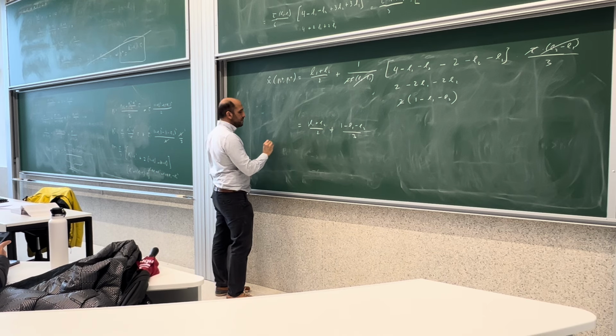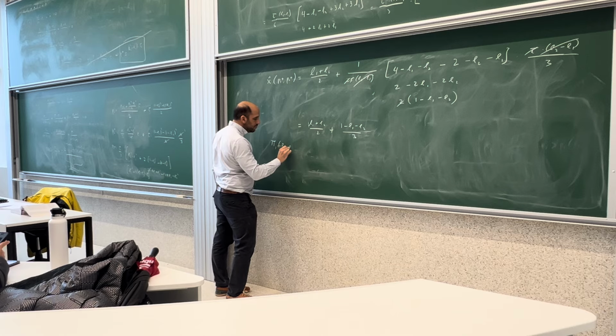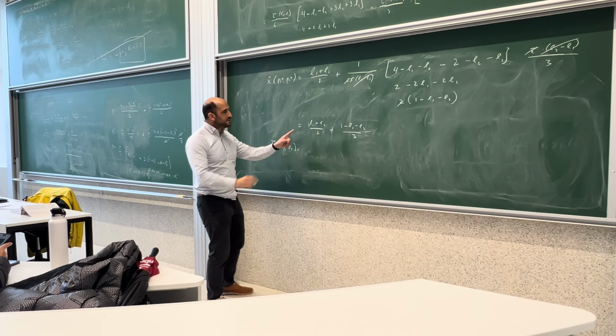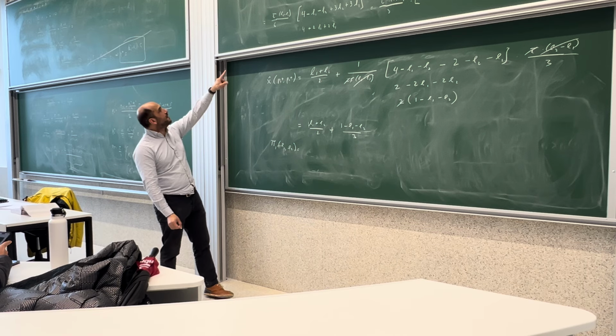And then the profits for firm 1 as a function of L1 and L2 are equal to this times the price of firm 1, right, which is this.